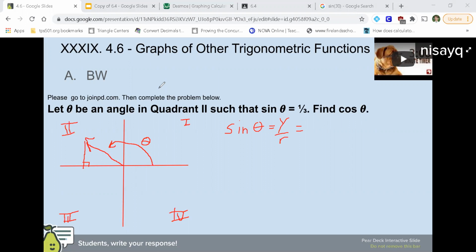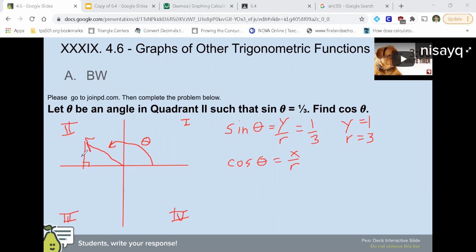So since our sine value is 1/3, that means y is 1 and r is 3. If we want to find cosine, the formula you should have is x over r. So the only thing I need to do to find this answer is really to find our x value.